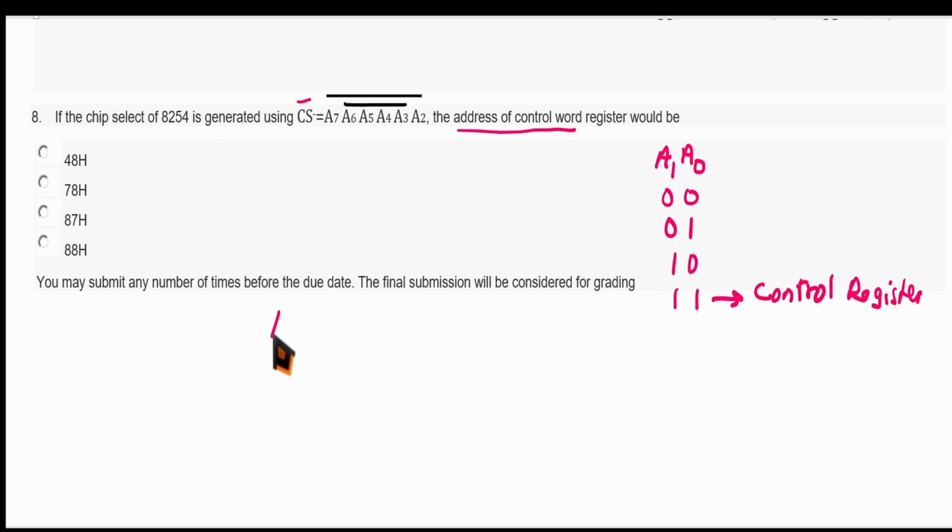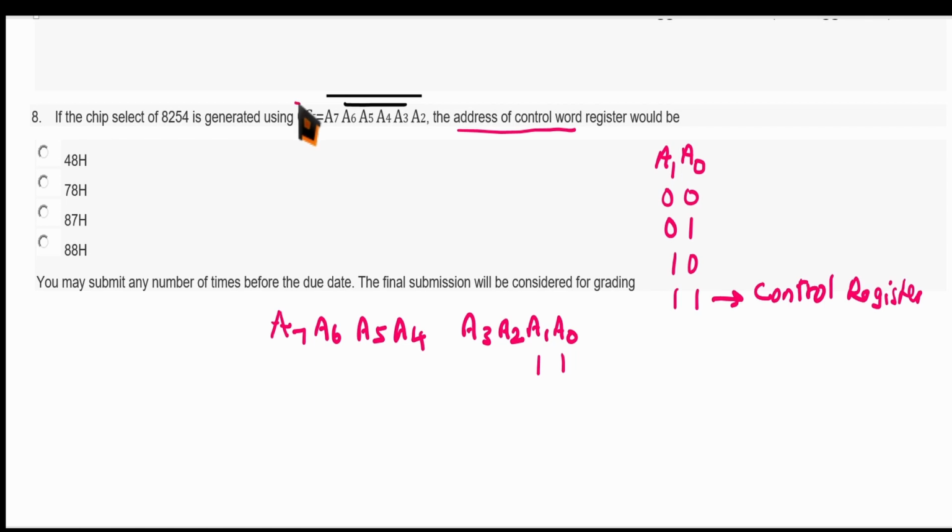The address is formed like this: A7, A6, A5, A4, then A3, A2, A1, A0. Because the counters and control registers are addressed using 8 address lines. To access the control word register, these two values should be 1. And the remaining values are fixed by this one.